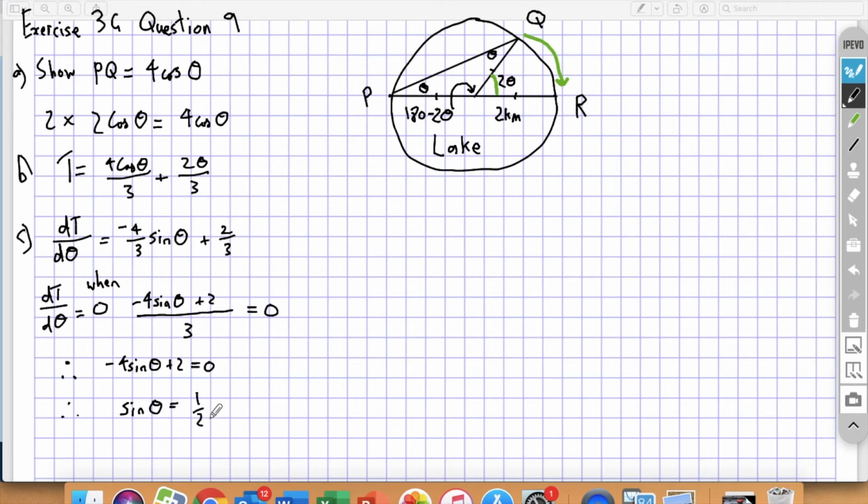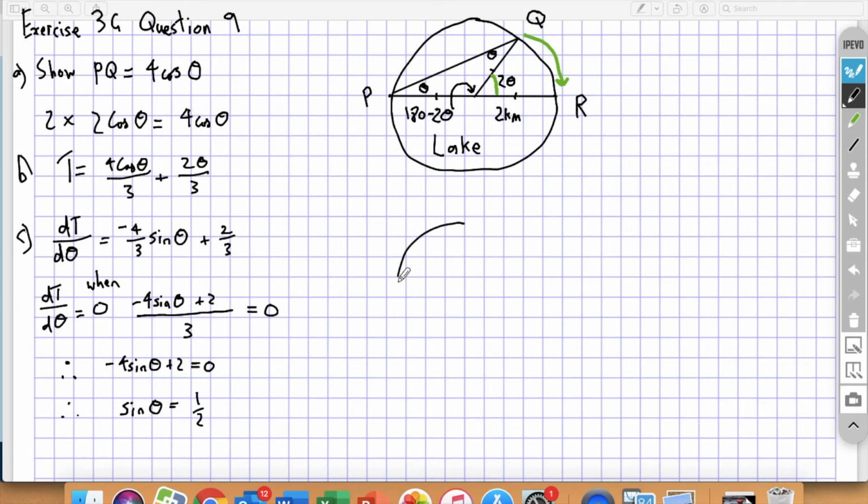Now, are we following all of that? If I took this 2 over here, it would be a minus 2, right? Minus 2 to both sides. Then, with minus 2 over there, I would divide by minus 4. What's minus 2 divided by minus 4? It's positive 1/2.